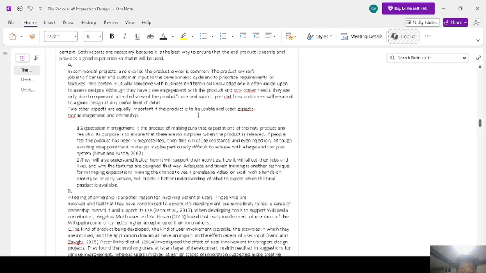Although they have close engagement with the product and customer needs, they are only able to represent a limited view of the product's use and cannot predict how customers will respond to a given design at any useful level of detail. Two other aspects are equally important if the product is to be usable and used: expectation management and ownership.